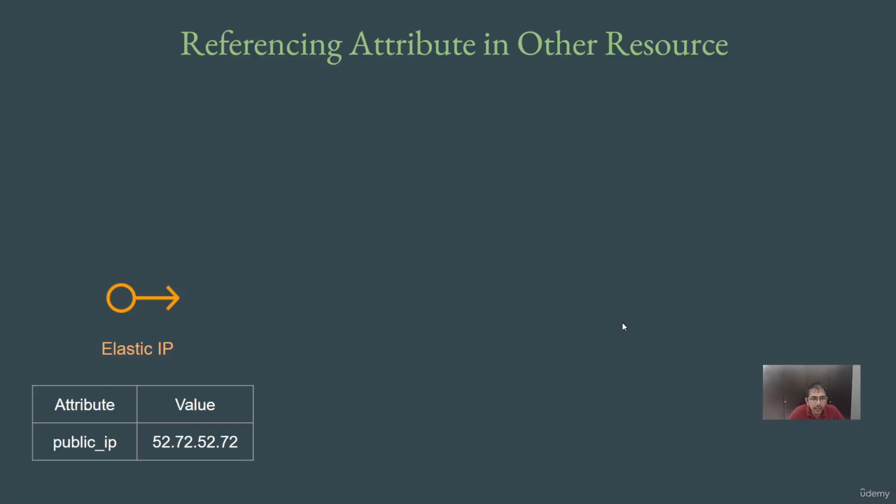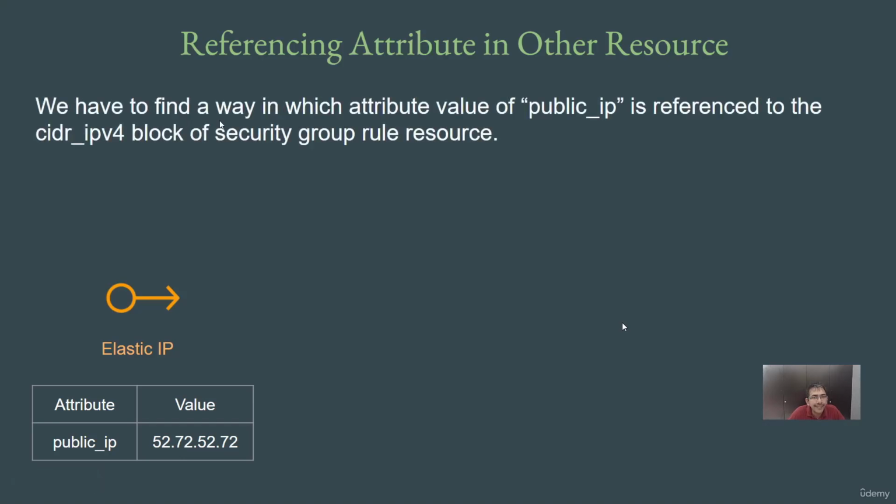So based on our learning, this is what it looks like. After the elastic IP gets created, in the attributes you have a public IP and the appropriate value will be added. So what is the solution here? We have to find a way in which this specific attribute value of public IP is referenced in the CIDR IPv4 block of the security group.